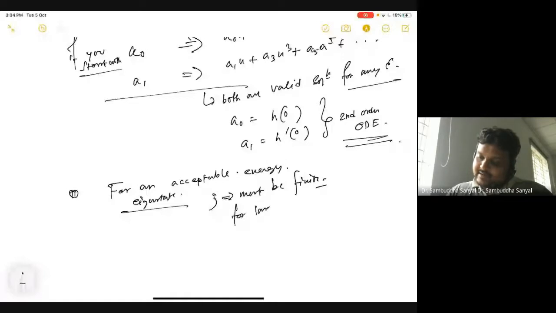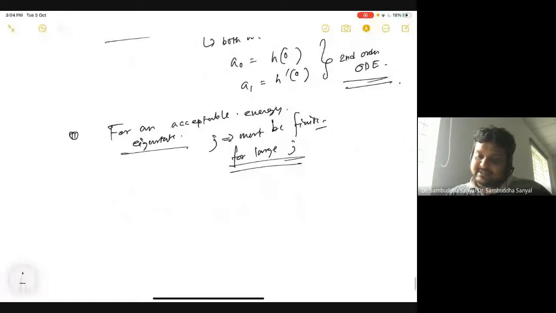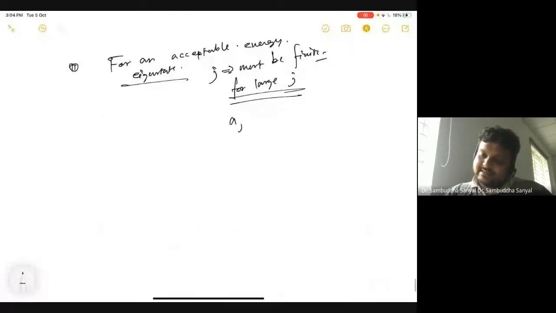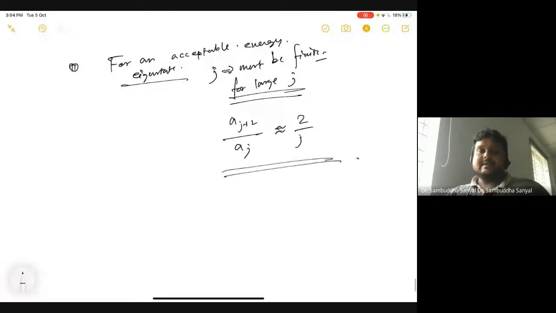If I take j very large, I can approximate this relation to a_(j+2) roughly equal to 2/j times a_j. Now notice that this structure is also present in the e to the power u square form. This is actually the form of e to the u square. So let's note that as a side note.